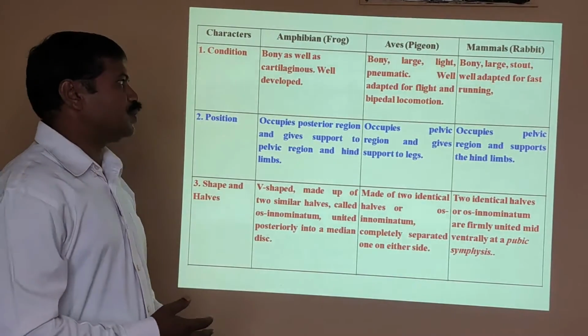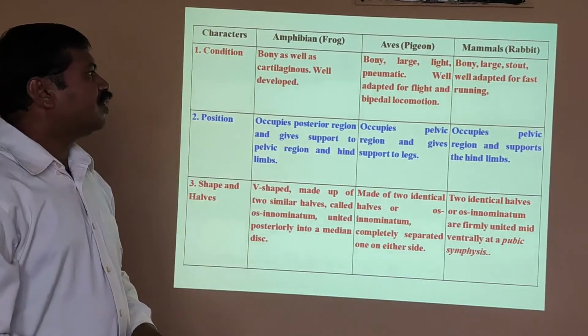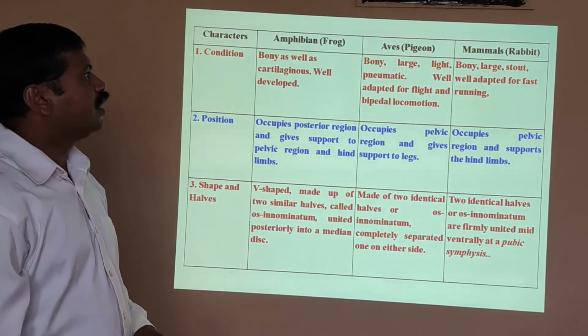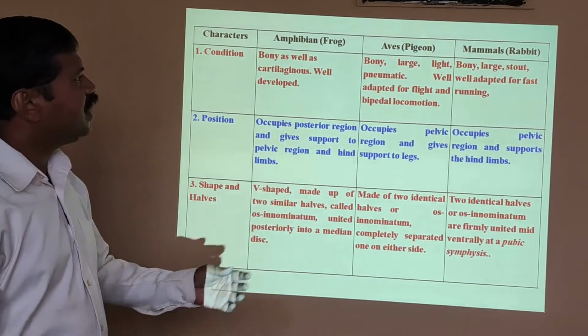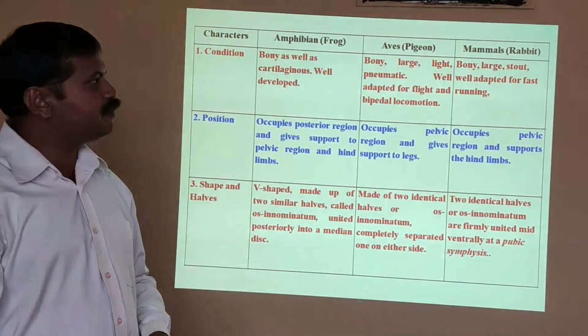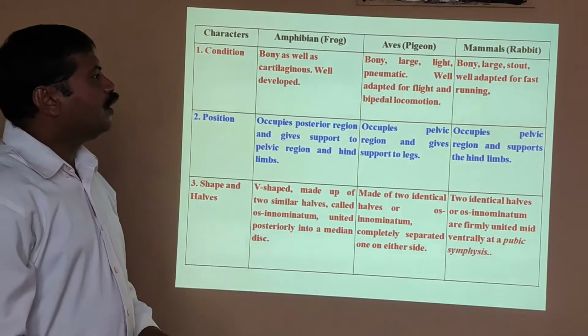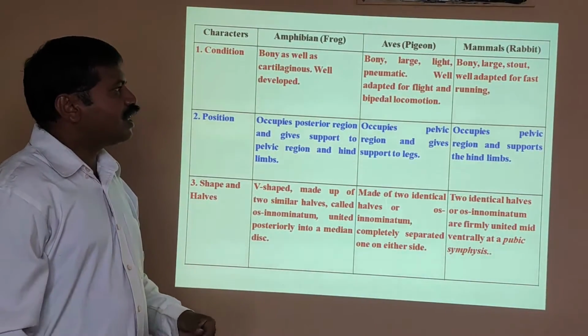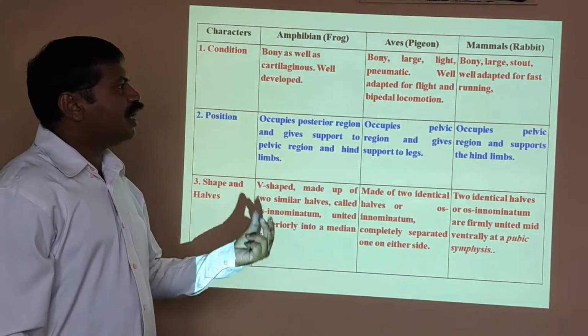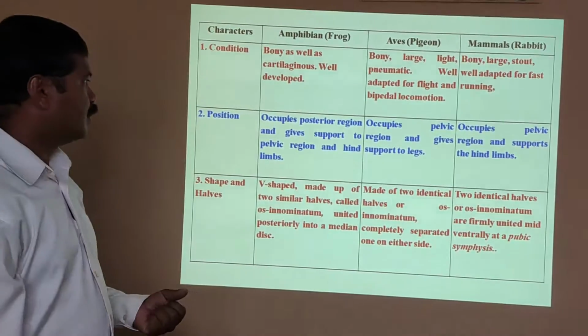They are well adapted for flight and also meant for bipedal locomotion. In mammals, the girdle is completely made up of bones, large in shape. They are quite stout, and well adapted for fast running.